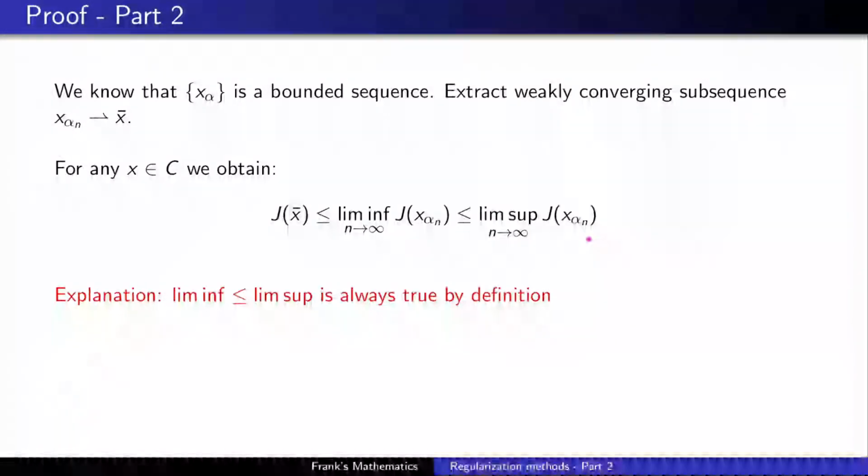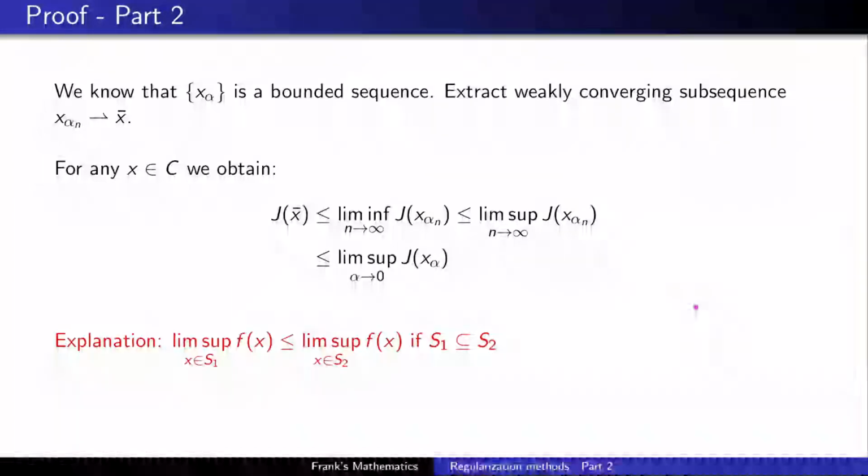So the next step is we estimate this limes inferior by its limes superior, which of course is always true and always possible by the definition. We're still living on the subsequence here. And we now want to move on from this subsequence to the sequence x alpha.